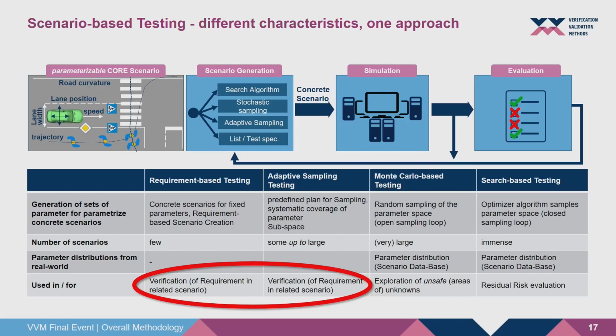So Monte Carlo testing and search-based testing are tools that we use in the residual risk evaluation part of the V&V process.